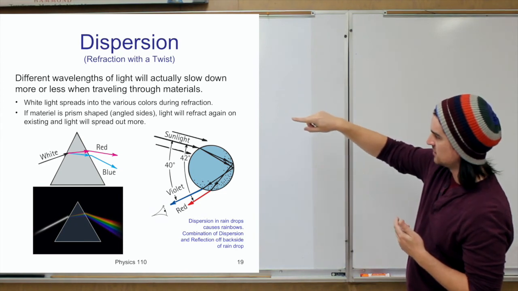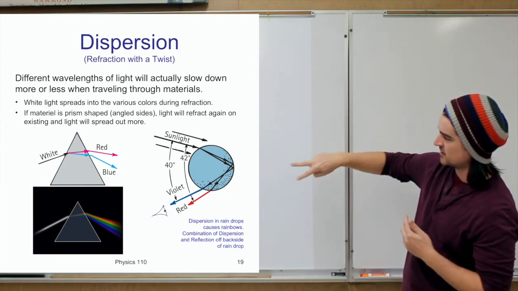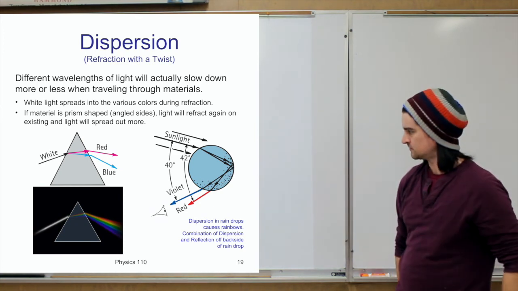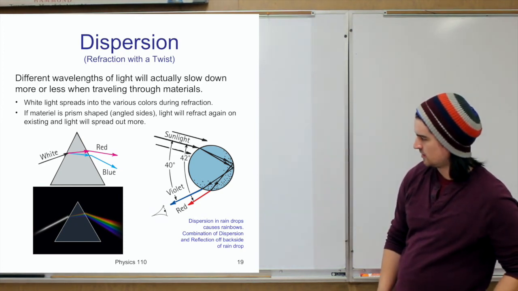So the white light comes in, spreads out a little bit, it reflects, spreads out more, and we get the full spectrum from violet to red light. So that's why you see rainbows.